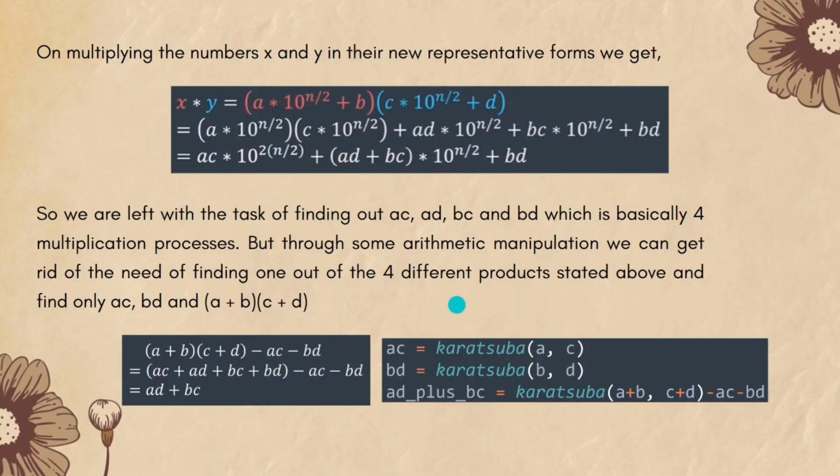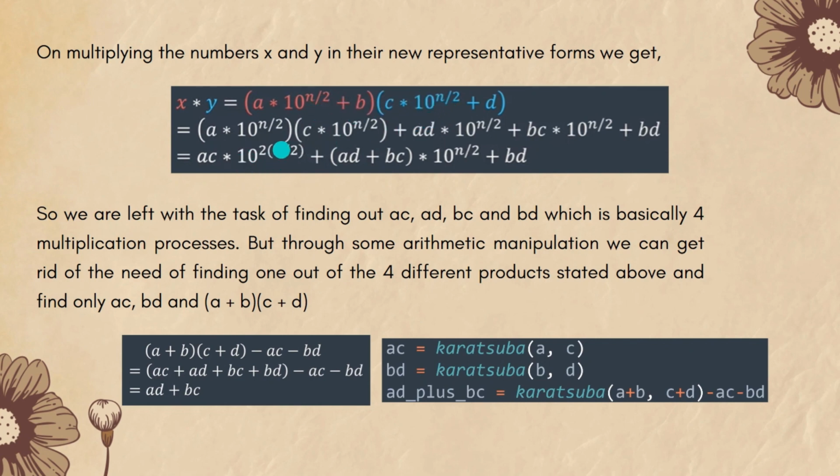Now, in our next slide, we take the product of x and y using their representative forms, which we saw previously. If you compute along with me, it'll be the first term of x and the first term of y, which is AC multiplied by 10 power n by 2 into 10 power n by 2, which is 10 power n.